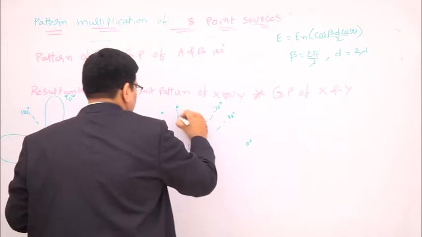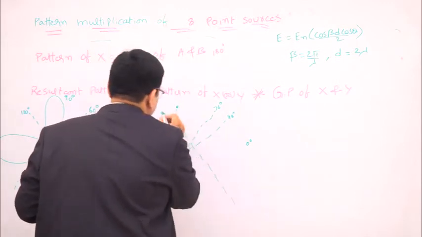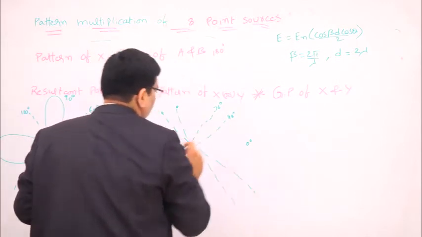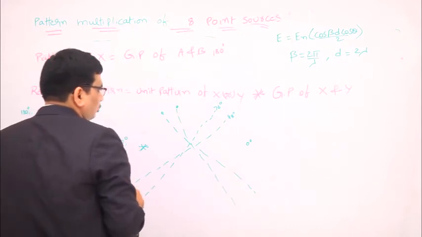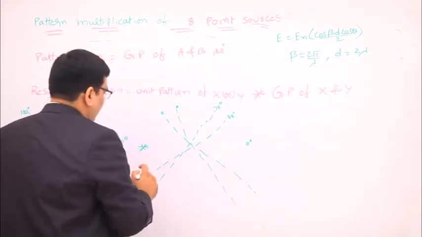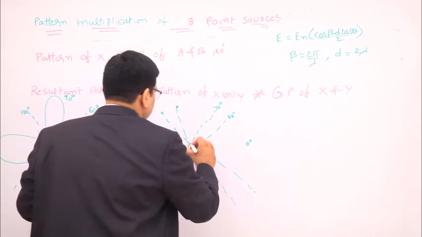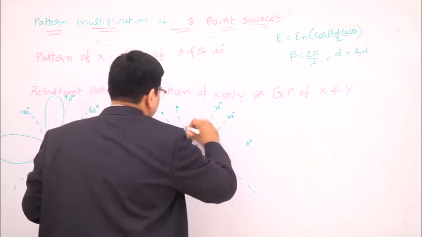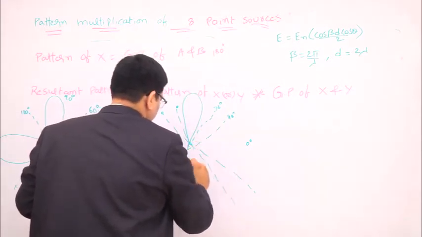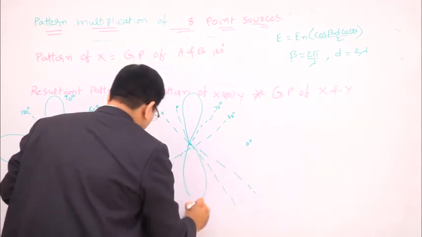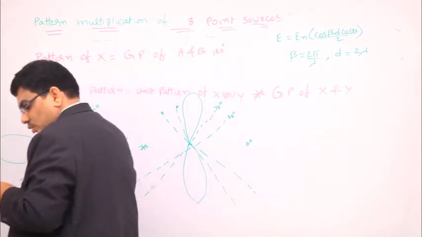So here also, totally 4 nulls, and your radiation pattern is in this direction only.